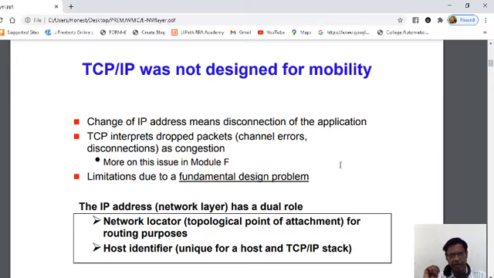TCP also interprets dropped packets, whether from channel errors or disconnections, as congestion. More on this issue is in module F. There are limitations due to fundamental design problems.